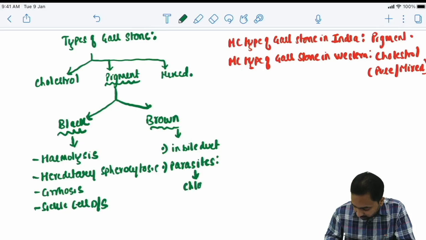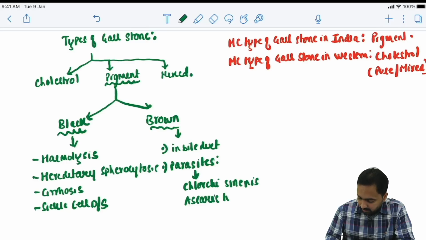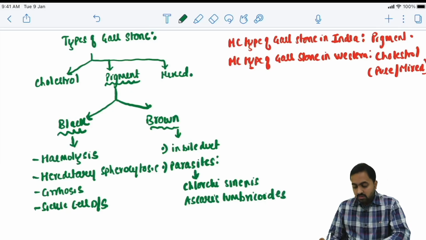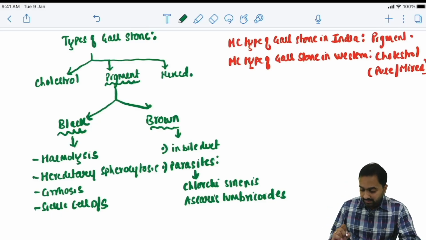One is Clonorchis sinensis, and also Ascaris lumbricoides. So these are the few important points that need to be remembered with respect to the types of gallstone.